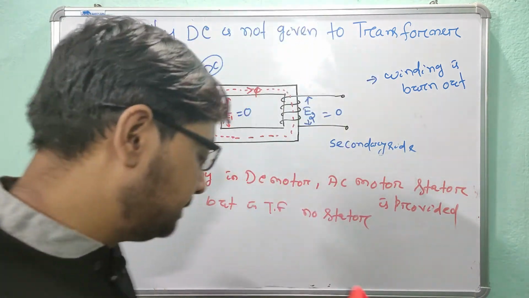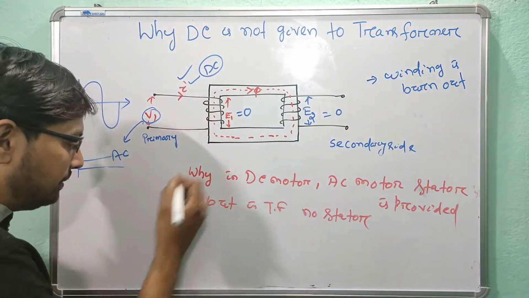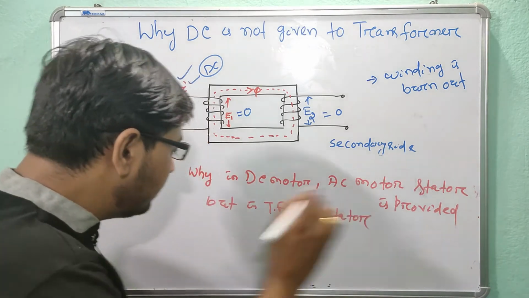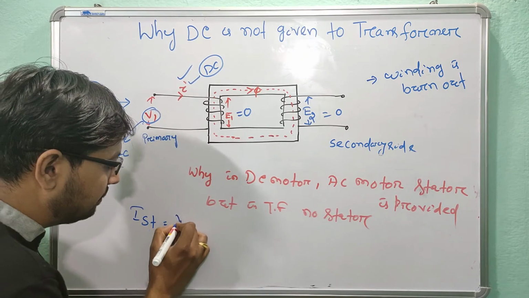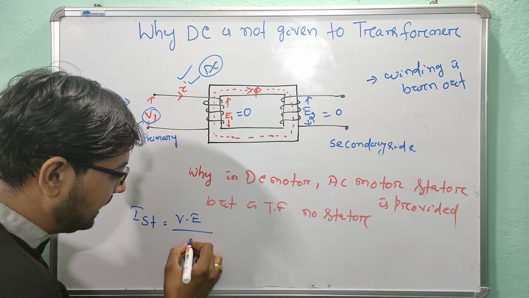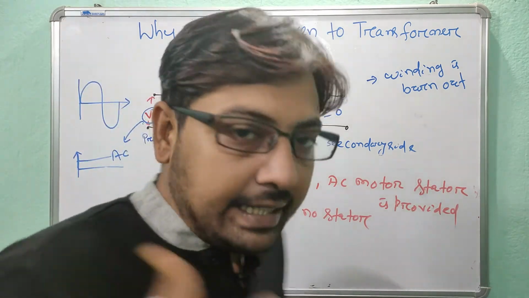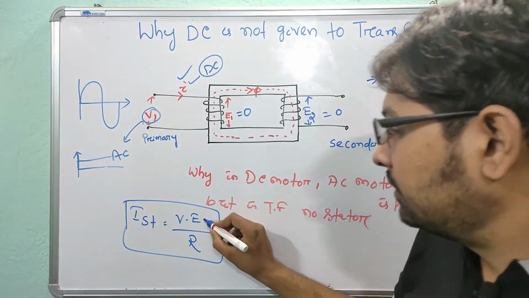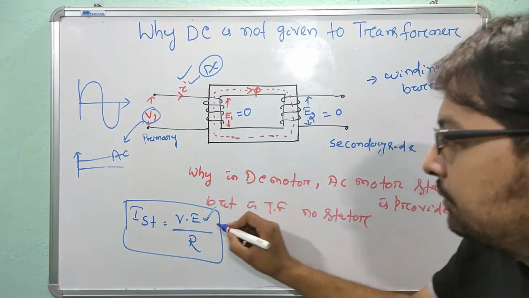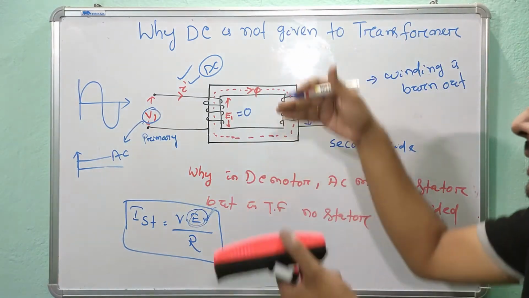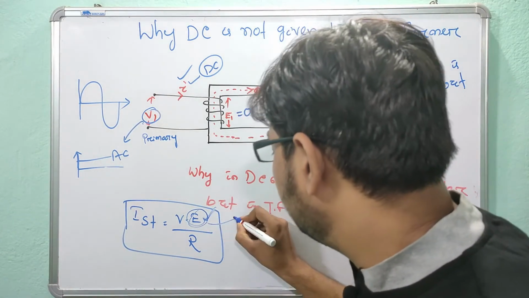Why? Because in a DC motor or AC motor, the starter is provided because you know, what is my starting current? I_ST = (V − E)/R or Z. This is the equation. So the machine's winding is safe due to this E, which for a transformer is the induced EMF, but for a DC motor it is the back EMF.